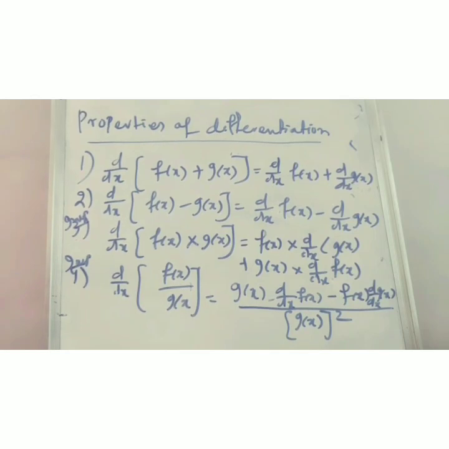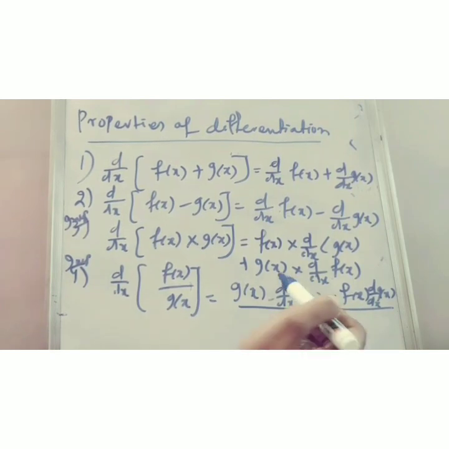This is the property 4. What property 4 says? D by dx of the quotient of two functions is equal to denominator into derivative of numerator minus numerator into derivative of denominator divided by denominator whole square.